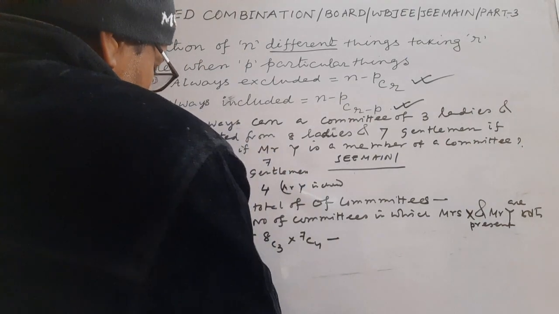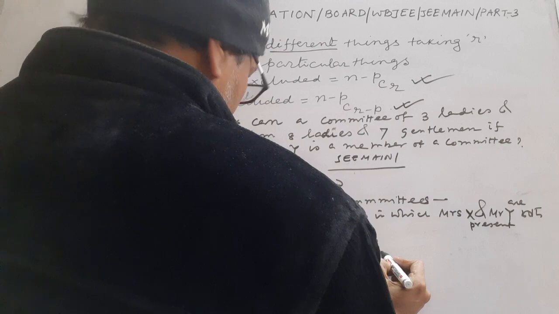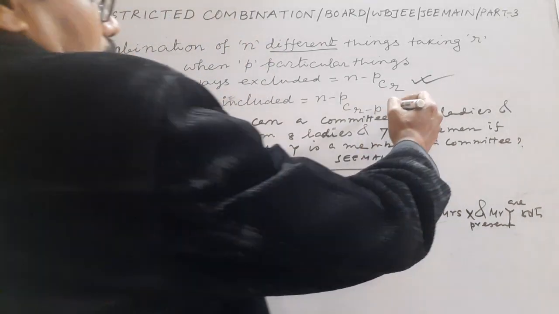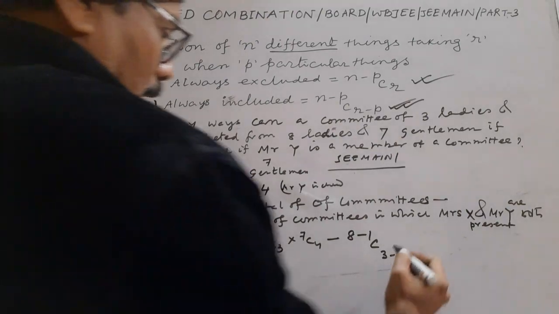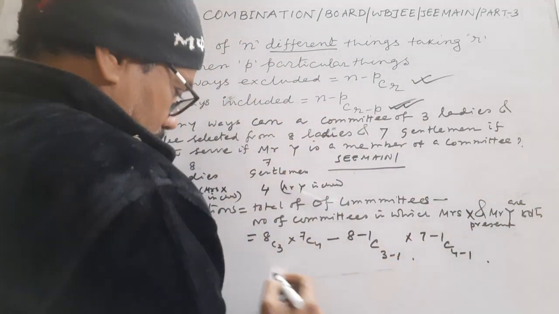So 8 minus 1 C 3 minus 1, using this theory, and into 7 minus 1 C 4 minus 1. Total to be selected 4, 1 is already selected.